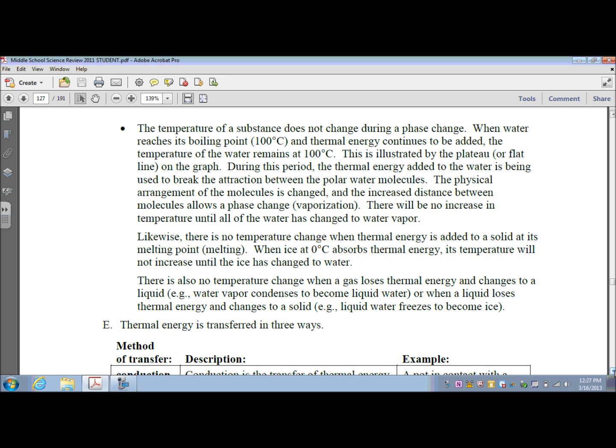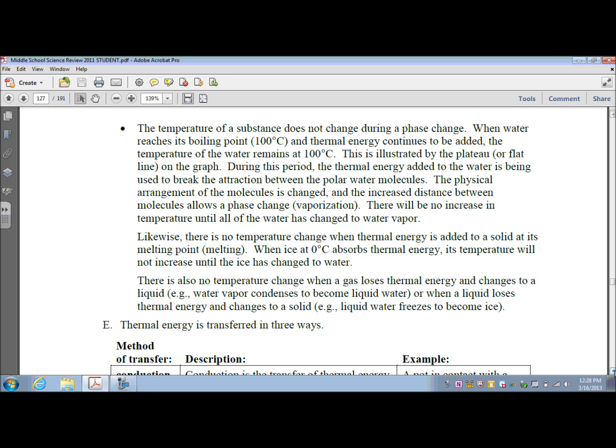During this period, the thermal energy added to the water is being used to break the attraction between the polar water molecules. The physical arrangement of the molecules is changed, and the increased distance between molecules allows a phase change. In this case, it's vaporization. There will be no increase in temperature until all the water has changed to water vapor.